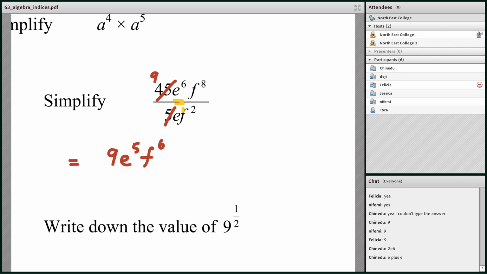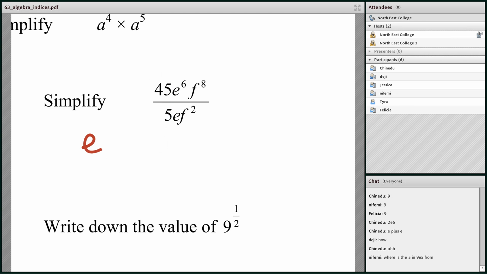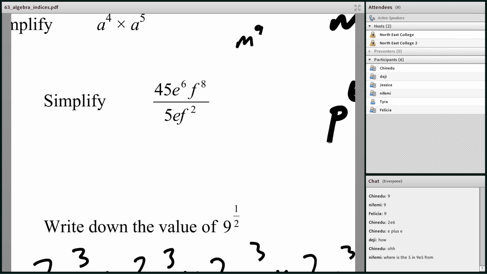So if I've got x to the power of 4, and x to the power of 2, can you see that's going to be x to the power of 6?